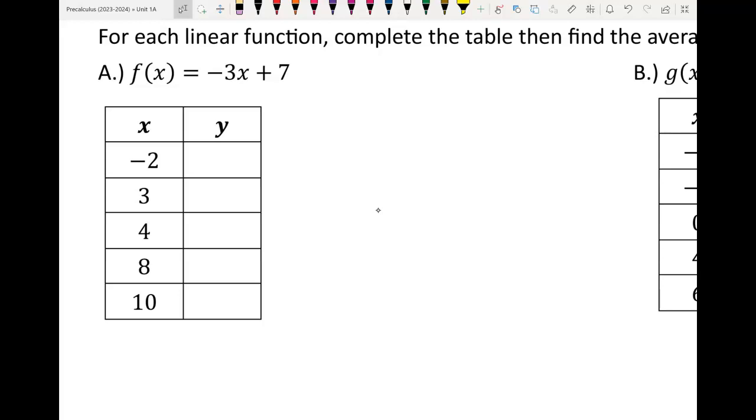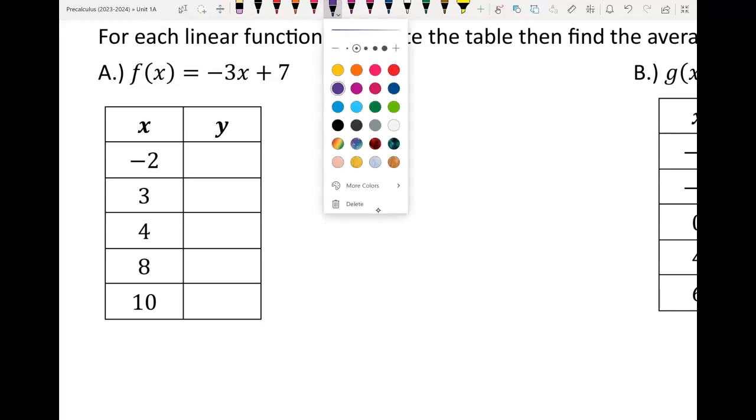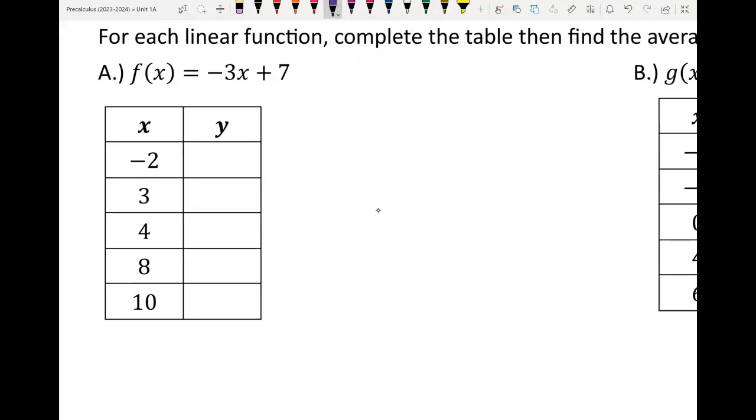So, negative 3 times negative 2 plus 7. What's negative 3 times negative 2? 6 plus 7 is? 1. There we go, Tyler. All right, next one. Negative 3 times 3 plus 7. What's negative 3 times 3?